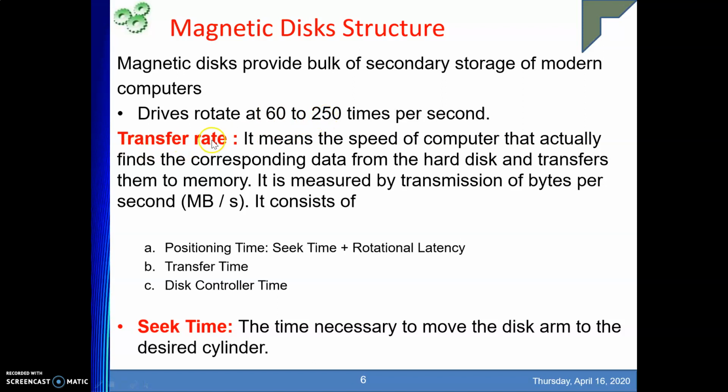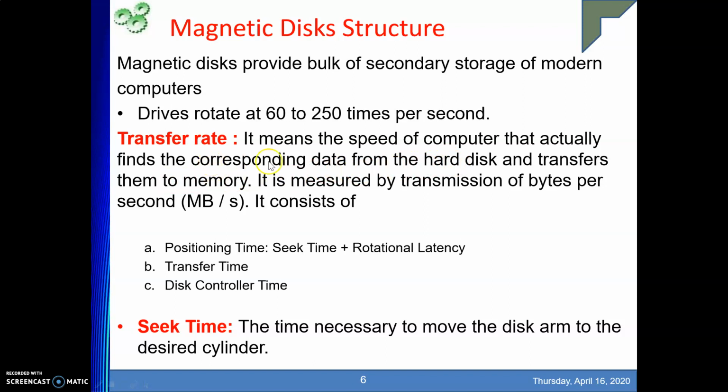Then what is transfer time? It means the speed at which the computer finds the corresponding data from the hard disk and transfers it to memory. Please understand, here transfer time consists basically of two components. One is positioning time, that means finding the corresponding data on the disk drive.